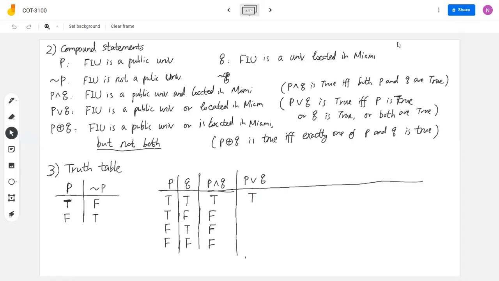If one of P and Q is true, it is true. So this is true, and the last one is false. And what about the next one, P XOR Q? And this one, remember, the only difference between this and P or Q is if both are true, this is false. So this is false, this is true, this is true, and this is false.